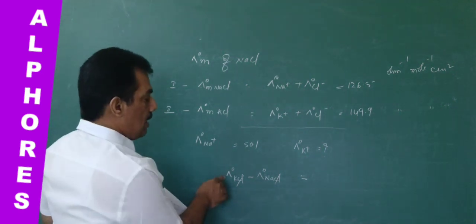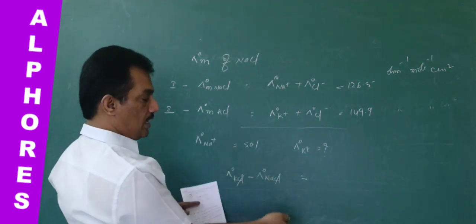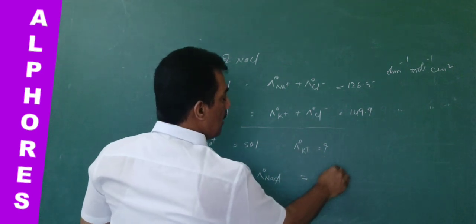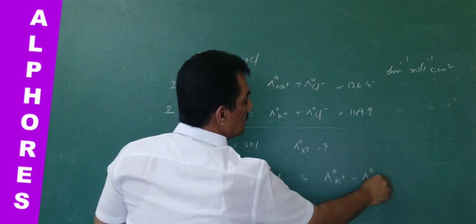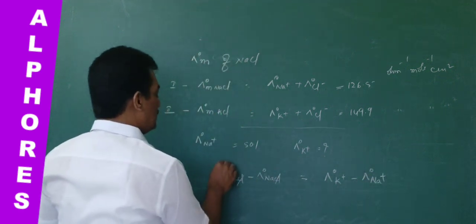So that means lambda naught KCl minus lambda naught NaCl is equal to lambda naught K plus minus lambda naught Na plus. Just observe, this is the key point.